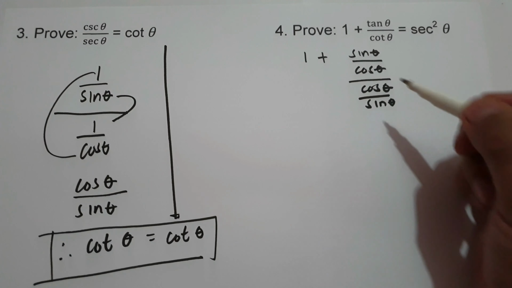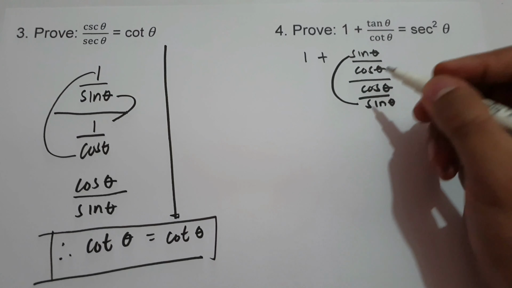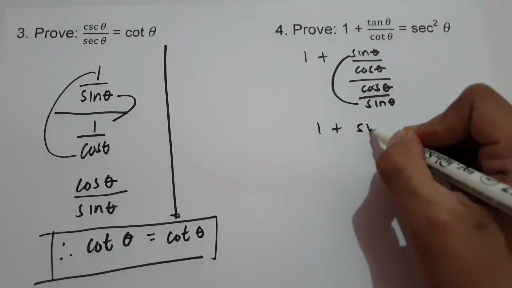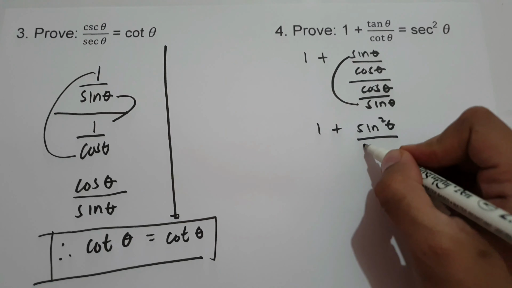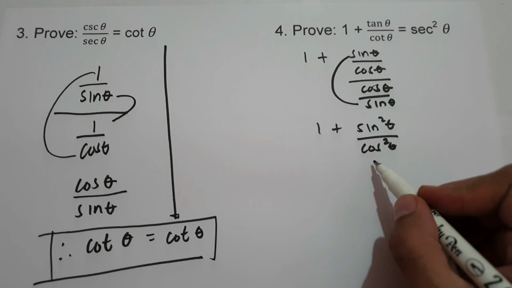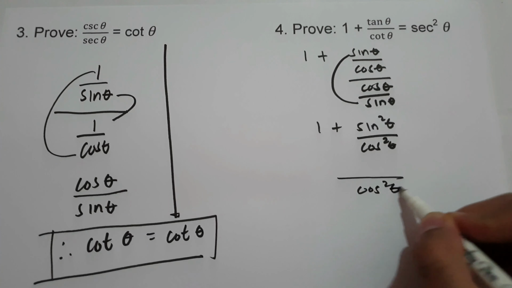And let us simplify. So since we have sine multiplied by sine, that is sine square theta over cosine square theta, that is cosine times cosine. And then, since we have the denominator cosine, let us write cosine square theta.